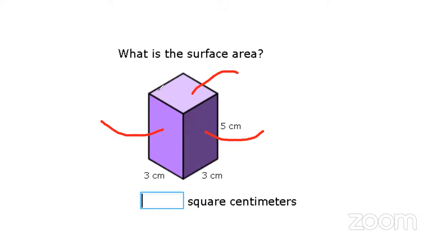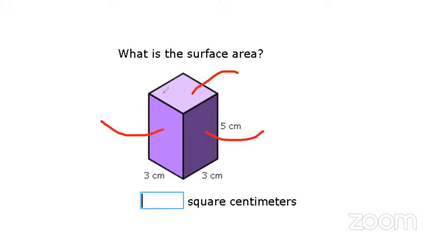Now, as Michaela has explained for us here, we're going to find the area of each of these faces. So I see where Michaela said that the area for this face at the top is 3 centimeters, because right here is 3 centimeters. That means here is also 3. Here is 3. That means here is also 3.